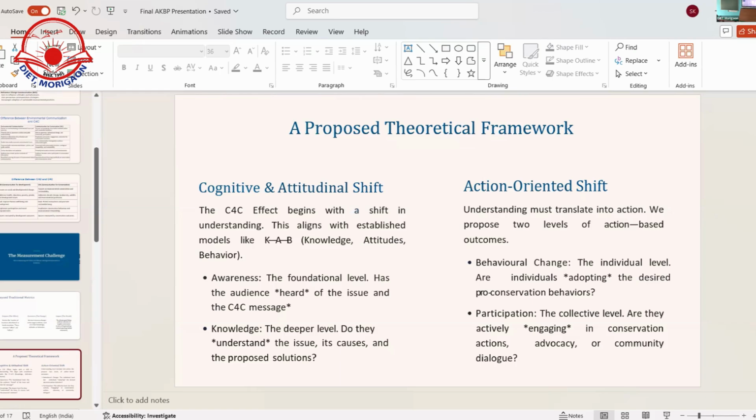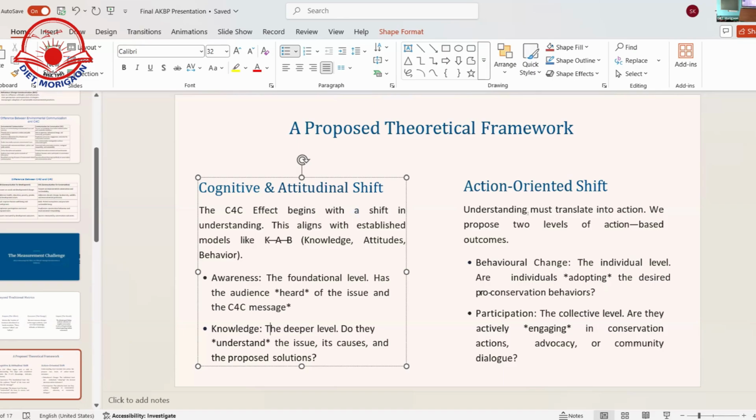This aligns with established models like KAB, knowledge, attitude, behavior, etc. In this section, we can talk about the foundational level. The audience are heard, so we have to make them aware, and we can find out how many of them have become aware of the issue. And then we can go for the second part, the knowledge. To what level they have gained knowledge of a particular issue.